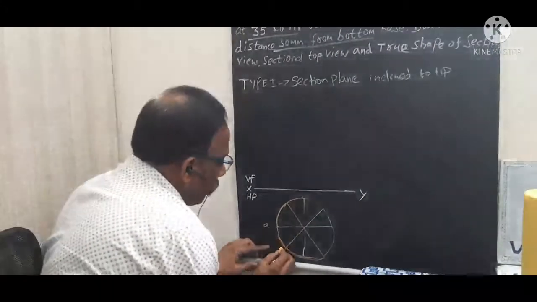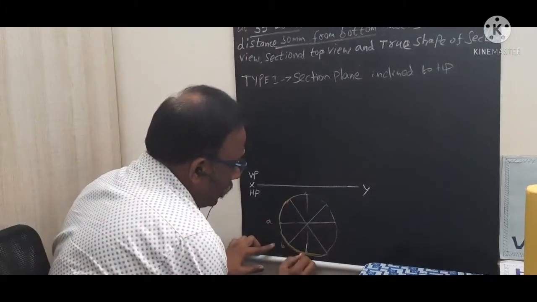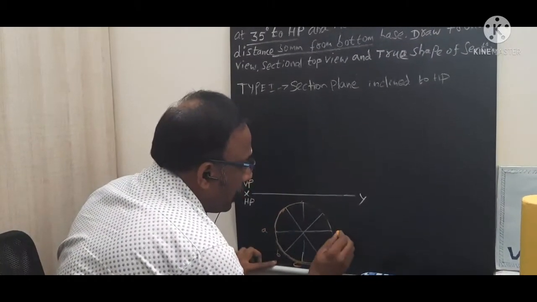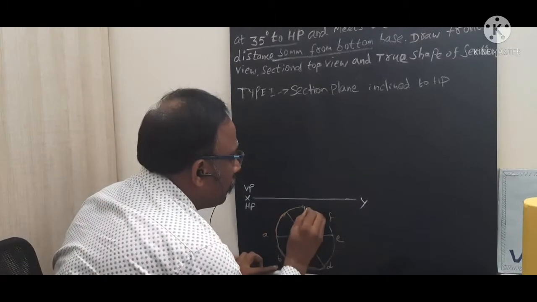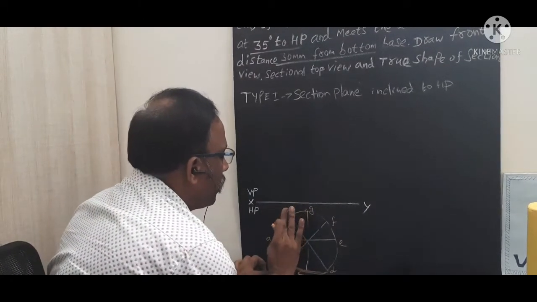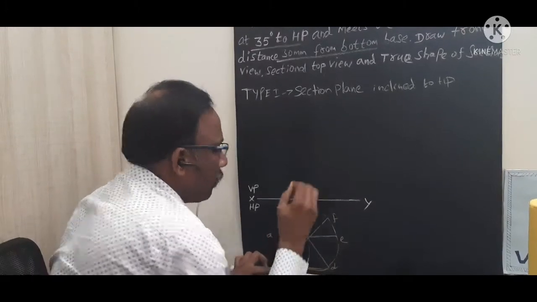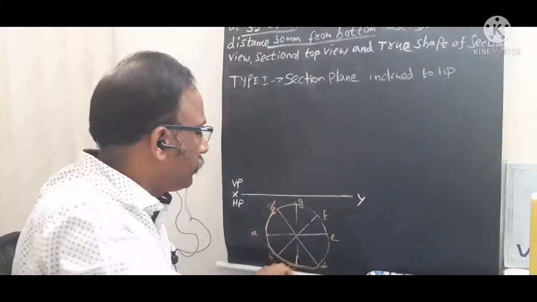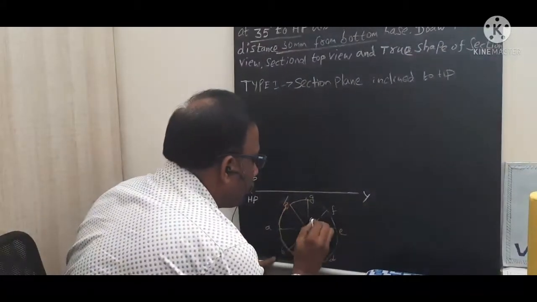Only I am giving the names A, B, C, this is the point D and E, F, G and H. So this is the way you can name the bottom corners of the cylinder. Now this is the point O, the center point.